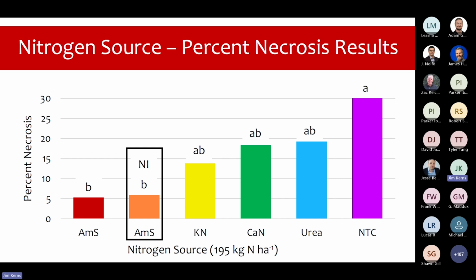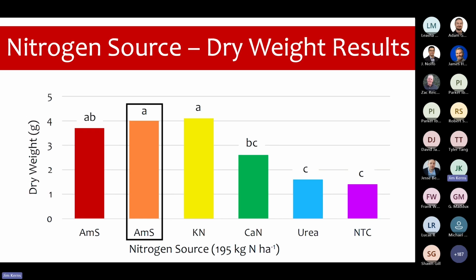And you see in this case, ammonium sulfate is comparable to the non-inoculated control. So those of you dealing with take-all root rot, this may be a fertilizer source you look at, and more importantly, potassium nitrate, because when we look at the dry weight results, it's comparable to the non-inoculated control again in terms of the amount of dry weight that we're putting on, right? So I think we can develop programs there.